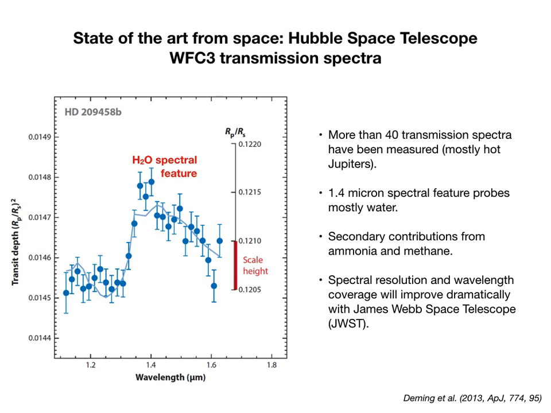So for the WFC3 transmission spectra, we now know that the spectral feature probes mostly water. There are secondary contributions from ammonia and methane, and this is debated. And as I already mentioned, the spectral resolution and the wavelength coverage will improve dramatically with the James Webb Space Telescope.